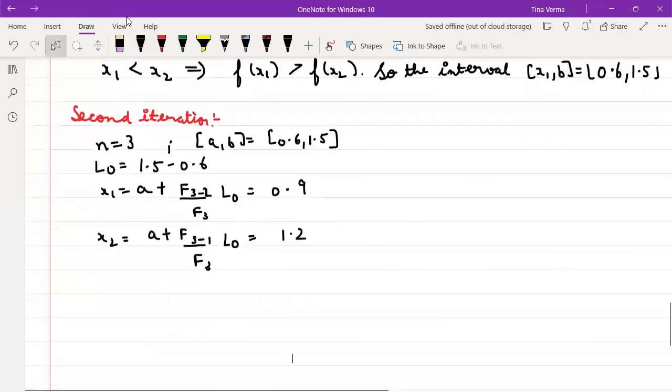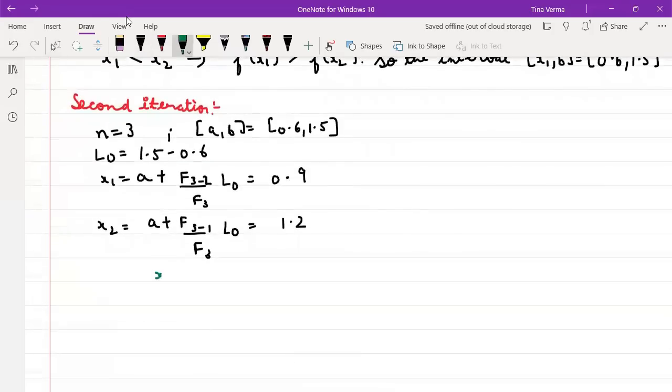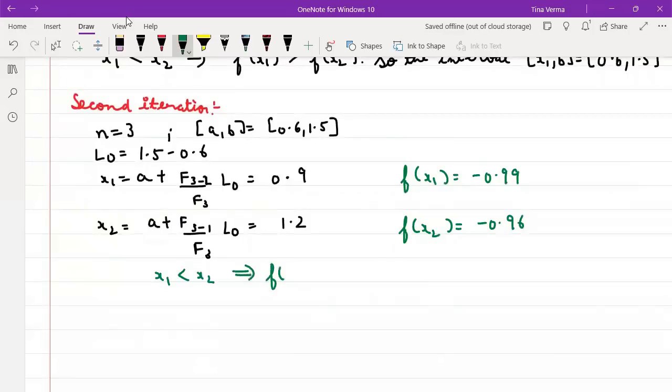Clear? Now here you can also see your x1 is less than x2. Next you have to check function value at x1. Function की value x1 में जब substitute करोगे, it is coming out to be your minus 0.99, and the function value at x2 it is coming out to be your minus 0.96. So in this we have x1 less than x2, implies function's value at x2 is greater than at x1.